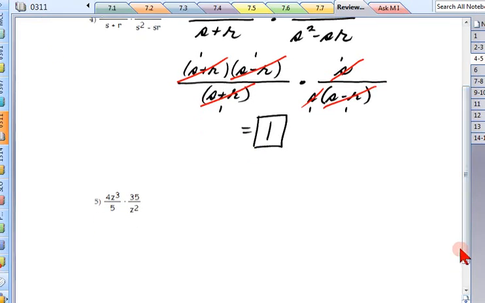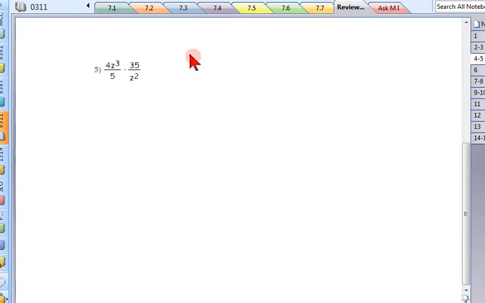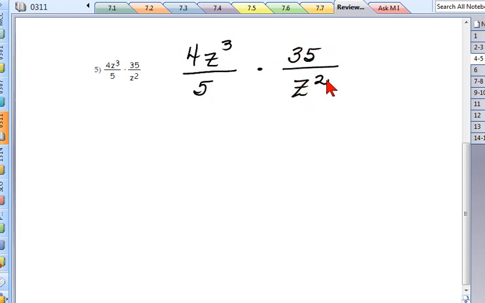Okay, the second multiplication problem is problem number 5. And it is 4z to the third over 5 times 35 over z squared. Those are all monomial factors.